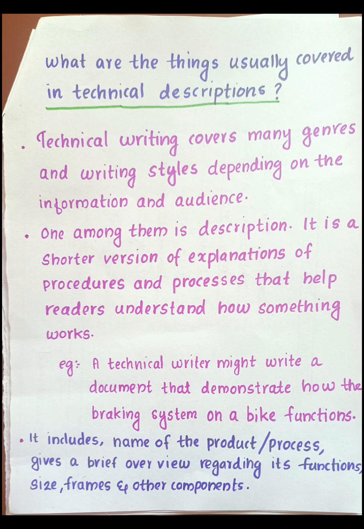Example, a technical writer might write a document that demonstrates how the braking system on a bike functions. It includes the name of the product or process, and gives a brief overview regarding its function, size, frames and other components.